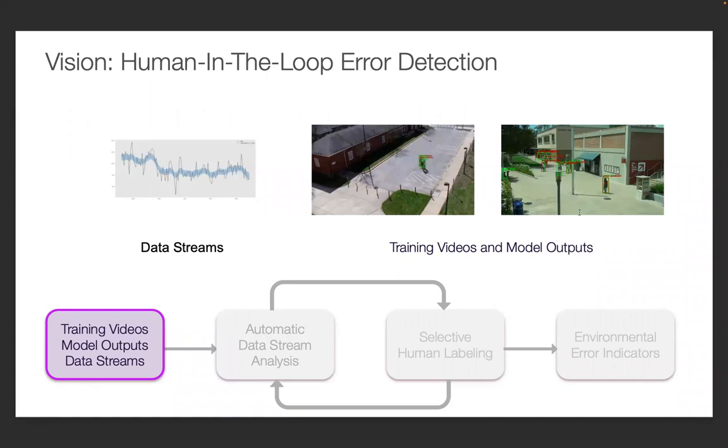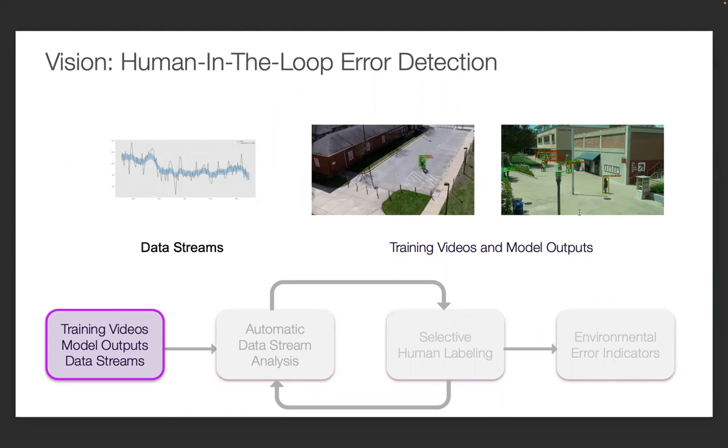We want to take in data streams, or time series of extrinsic and intrinsic features, as we proposed before, as well as training videos and model outputs. And we want to use these auxiliary indicators to be able to calculate environmental errors and to understand them.